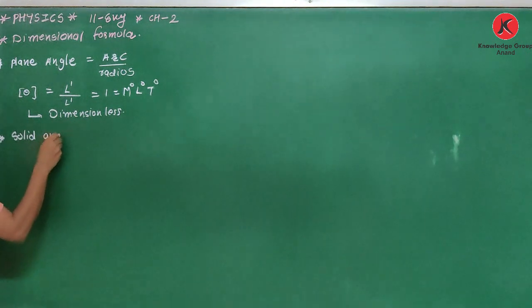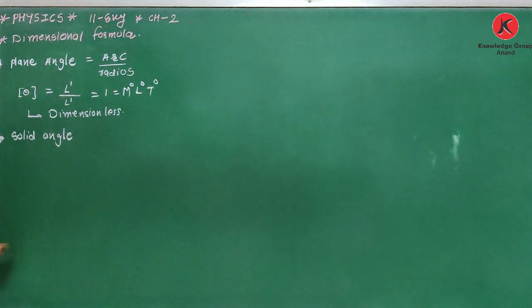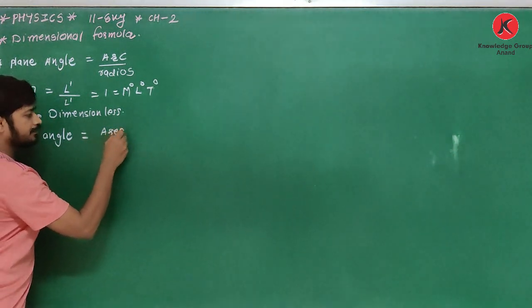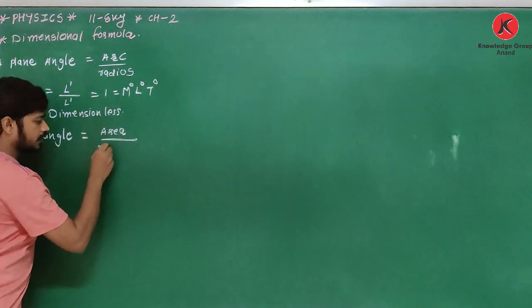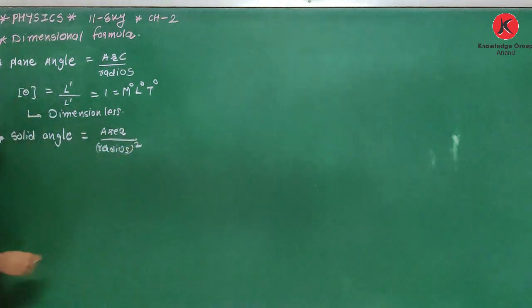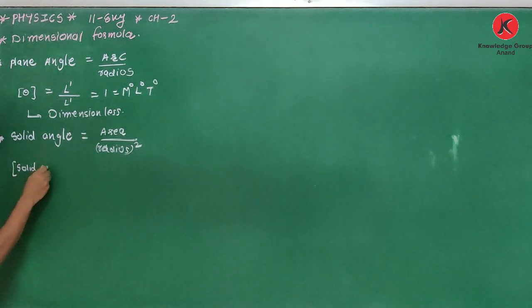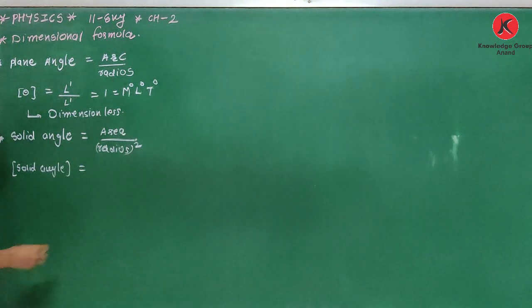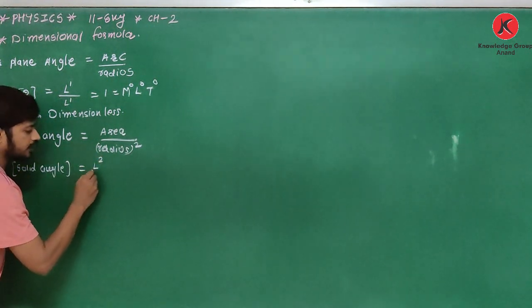Next is solid angle. What is the definition of solid angle? Solid angle is equal to area upon radius square. So what is the dimensional formula of solid angle? The dimensional formula of area is L square.